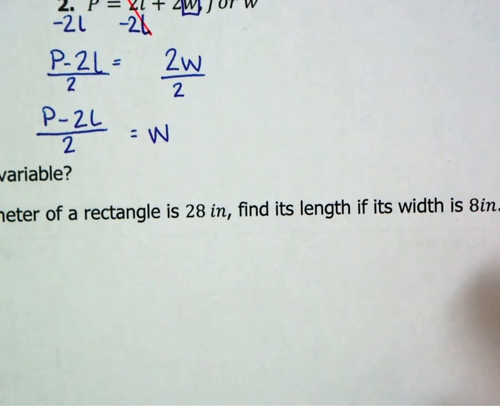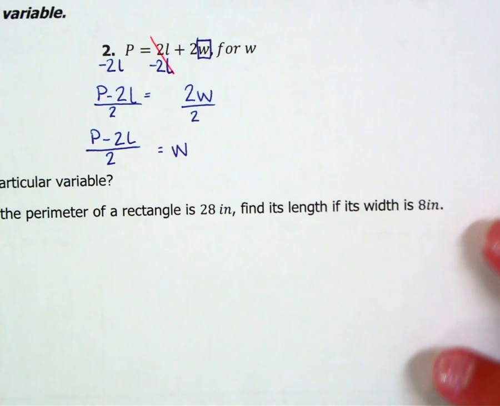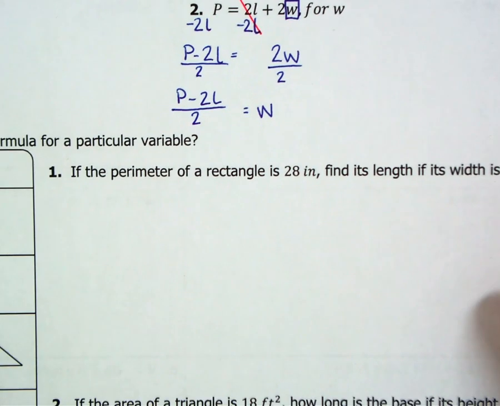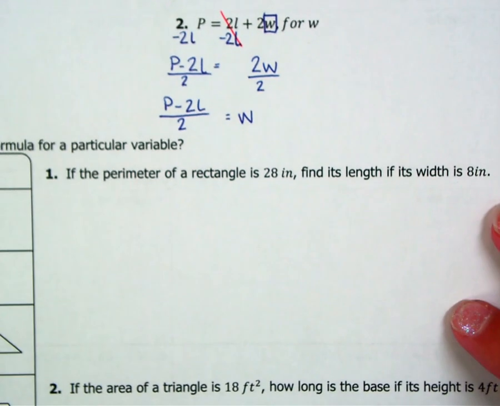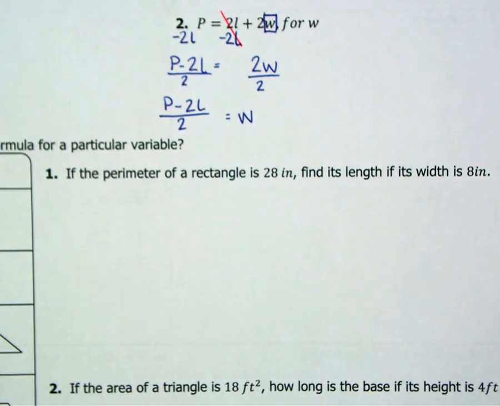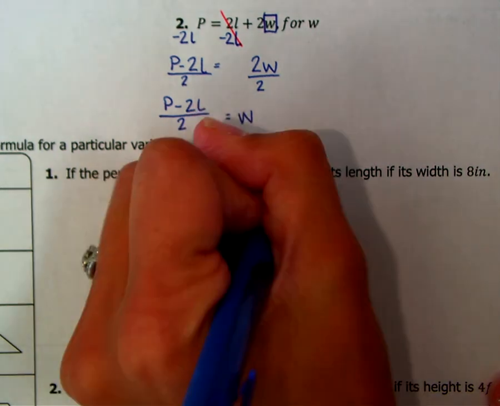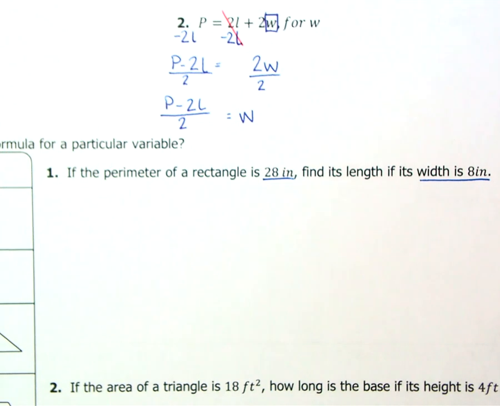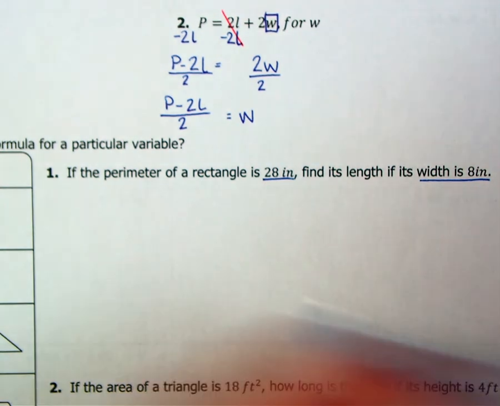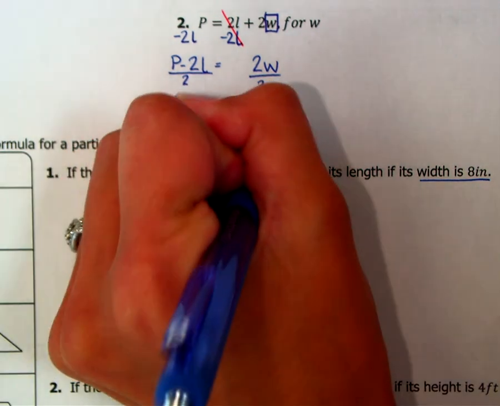All right. So if we apply this, we're going to solve formulas for a particular variable. So in number 1, if the perimeter of a rectangle is 28 inches, find its length if its width is 8. All right, so using that information, we know that the perimeter is 28, so P equals 28.